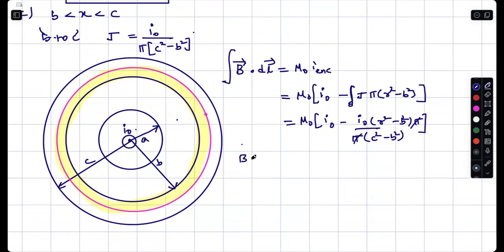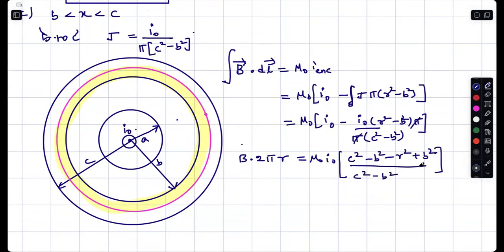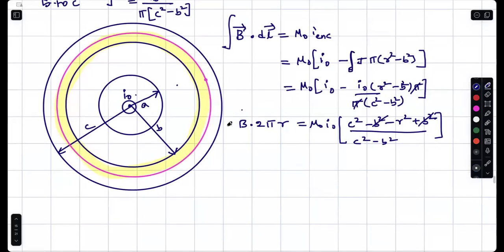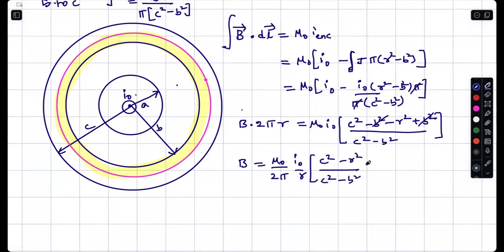So B into 2 pi r is equal to mu naught I naught times c square minus b square minus r square plus b square by c square minus b square. Except cancelling these two, we don't have any other satisfaction. Therefore, finally, B is mu naught by 2 pi I naught by r, c square minus r square by c square minus b square.